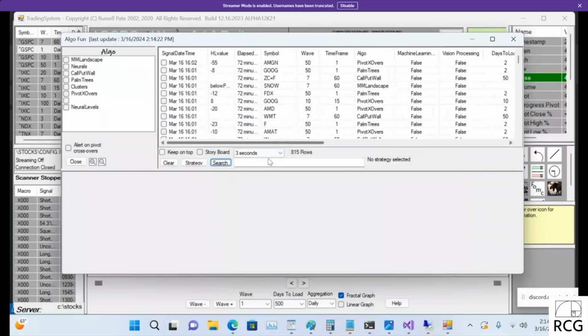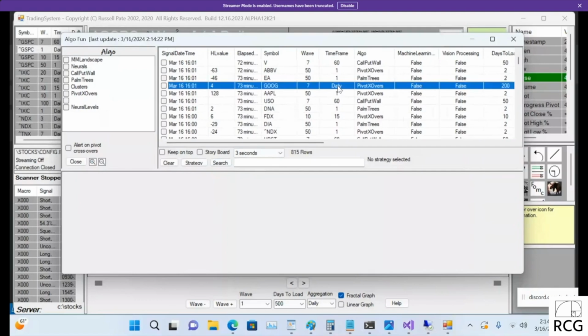I thought it was me using it wrong. That's what I chalked it up as. Should be pretty clean, but it's being slow for me right now. Yeah, time frame equals daily.